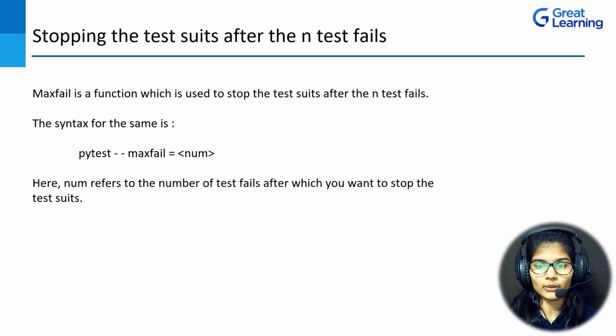For that you have num, which is a parameter, and you need to put in a value. Num refers to the number of test fails after which you want to stop the test. Num is a variable into which you put a value, so that after this number of test fails, it stops my test suite.